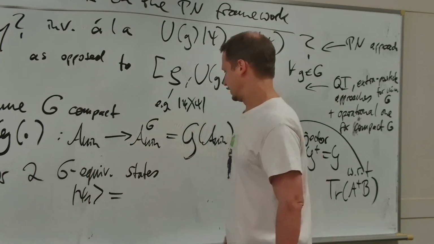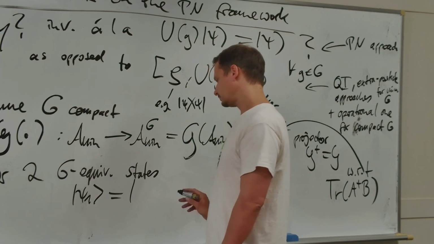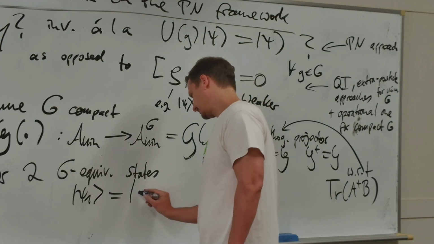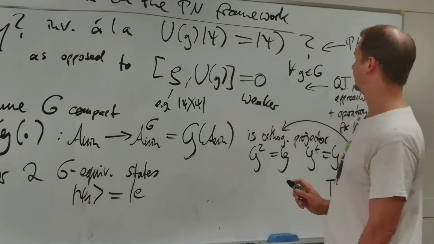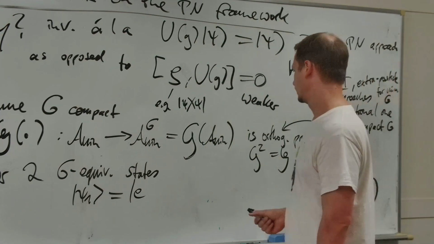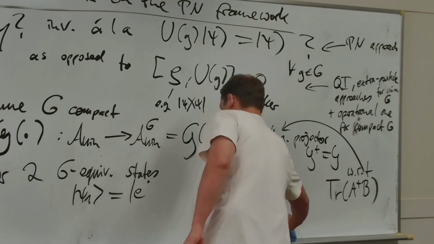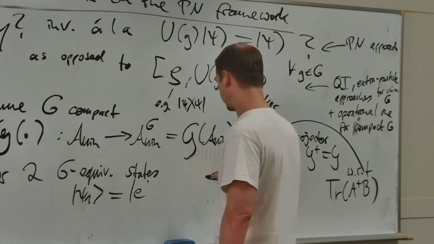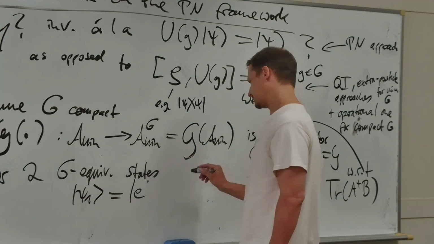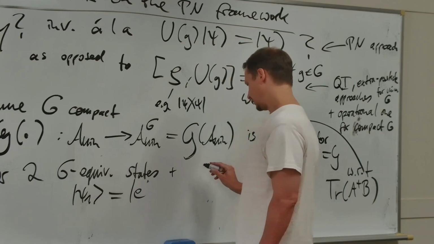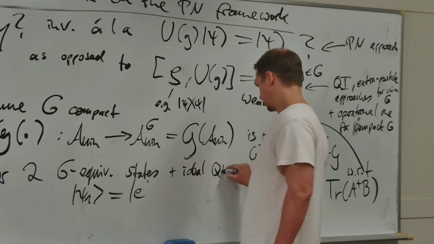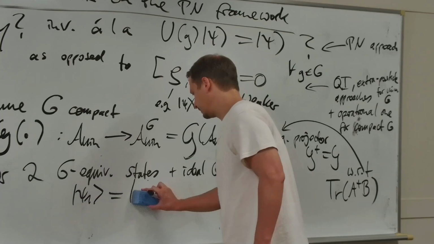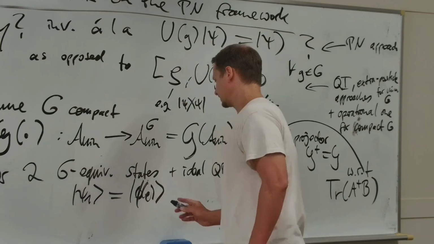Let's say psi 1, which is a state with phi of E for the ideal reference frame.